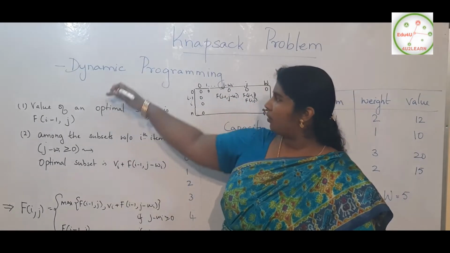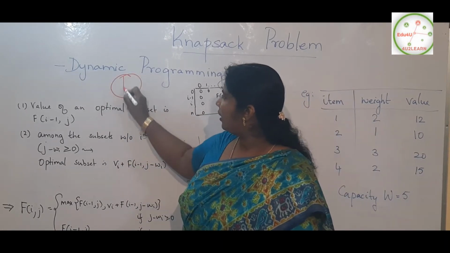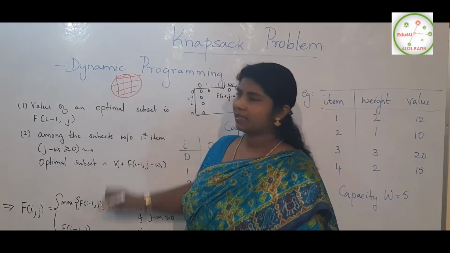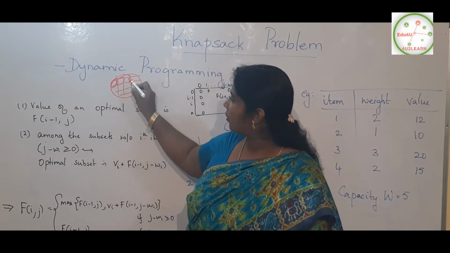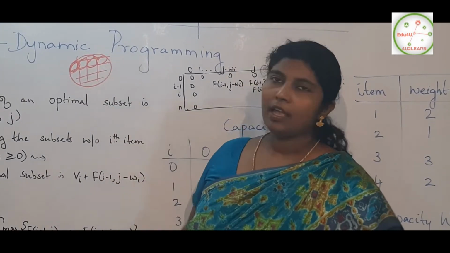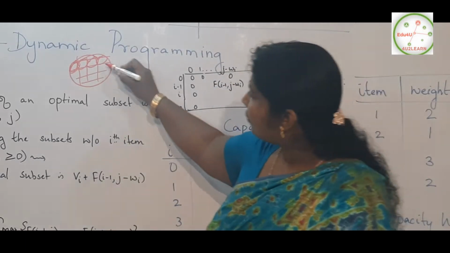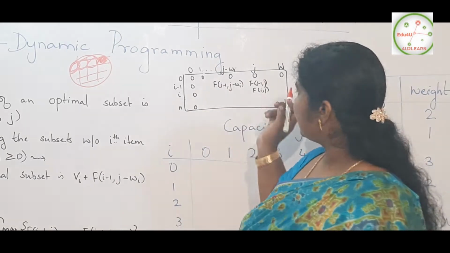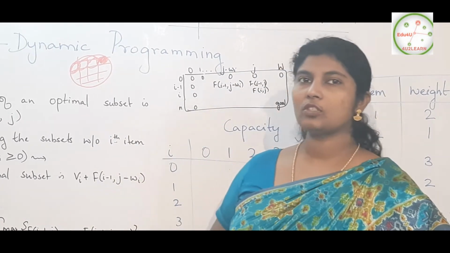Here in dynamic programming, we have a big problem, and for this big problem we have many small divisions. Each one is a sub-problem or subset, and we have an optimal solution obtained for each and every subset. So now we are going to take it instance-wise to see how it is solved.